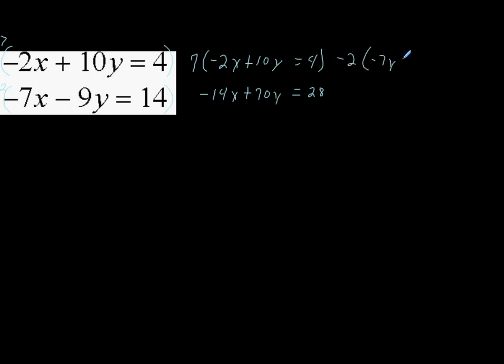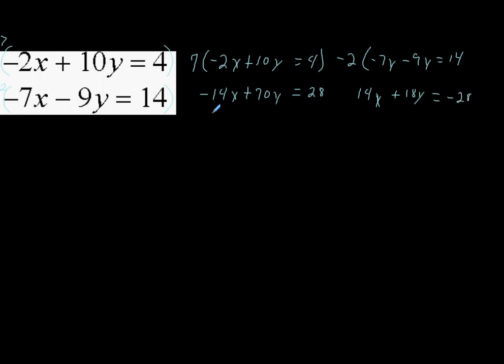Negative 2 times 7y minus 9y equals 14. Negative 2 and a negative 7 makes a positive 14x. Negative 2 and a negative 9 makes a positive 18y. Positive 14x plus 18y equals negative 2 times 14, which makes a negative 28.